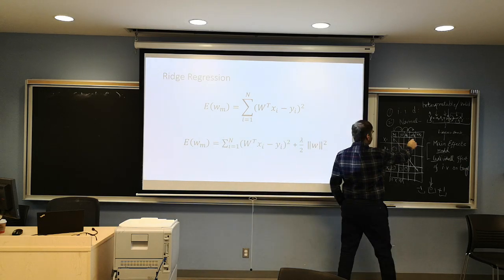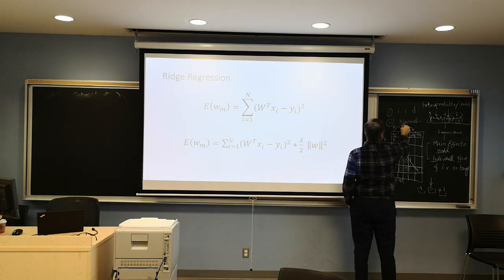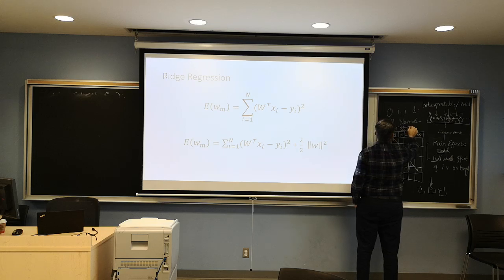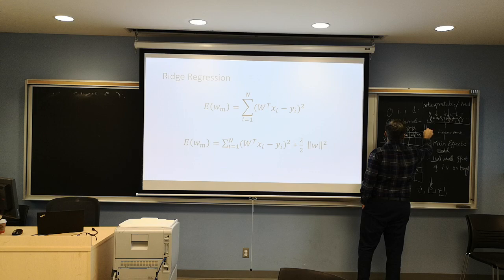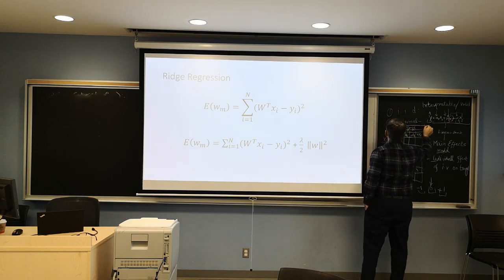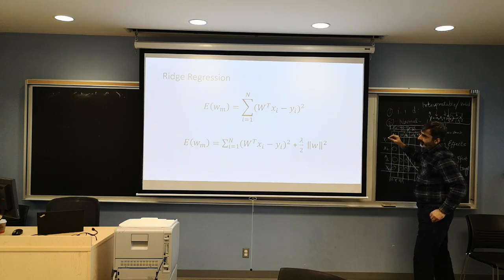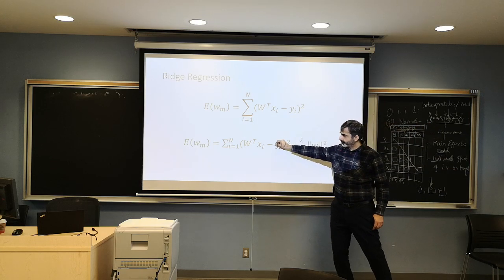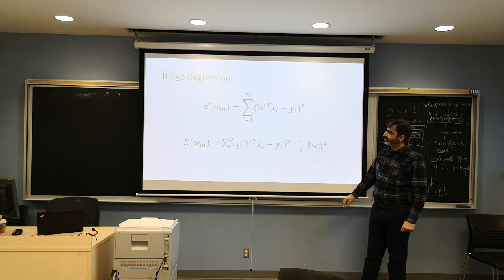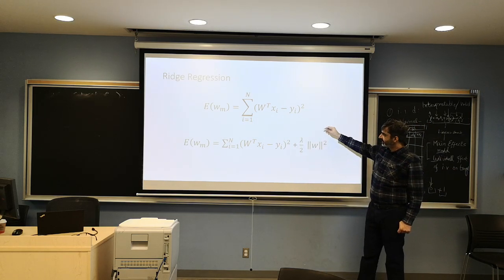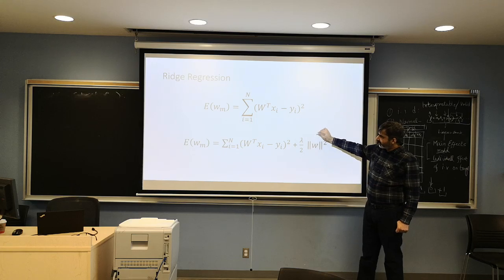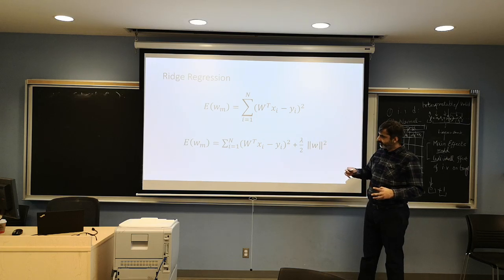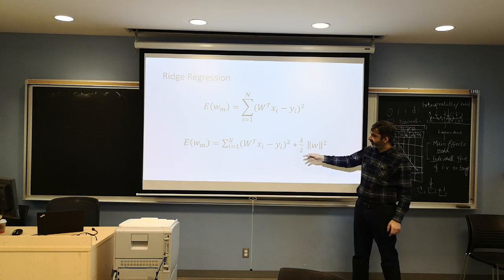So for every X we have a corresponding W. Right? So we take the norm of this vector and add that to the error. That means, in other words, we are saying that if the size of weights is inflating, we consider that part of the error.